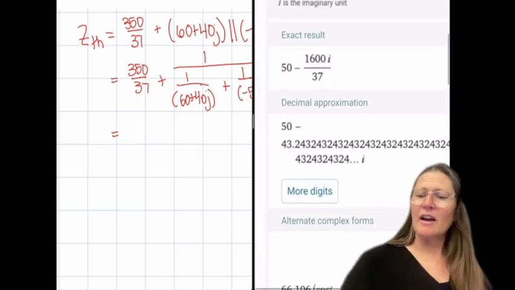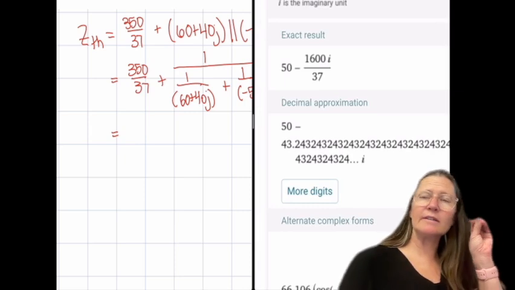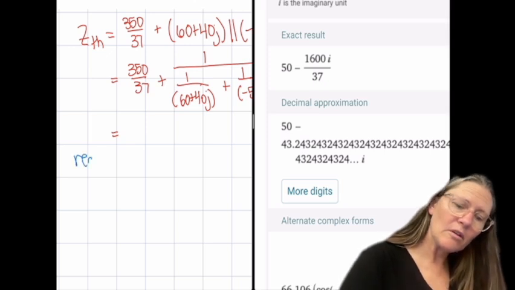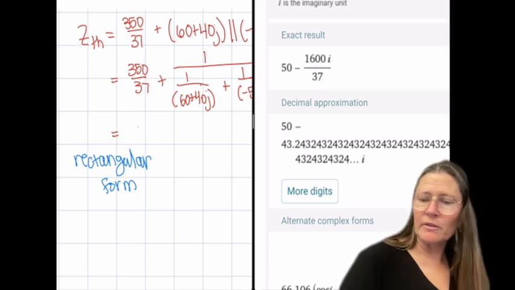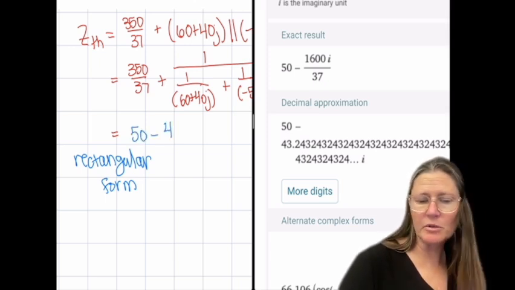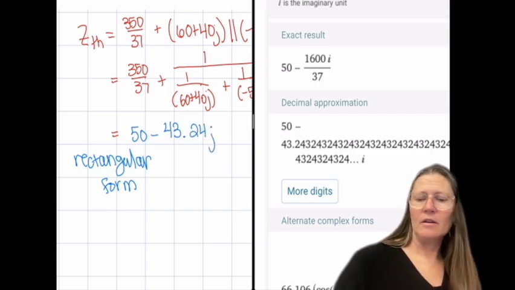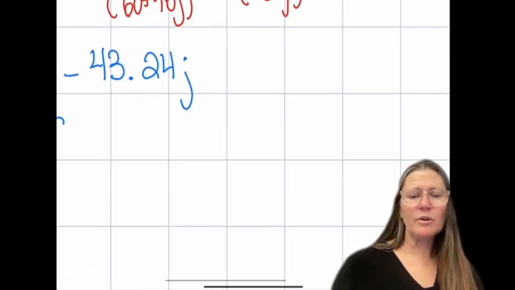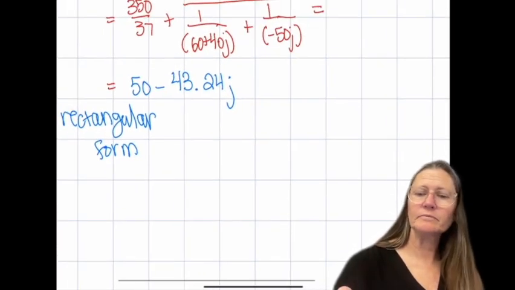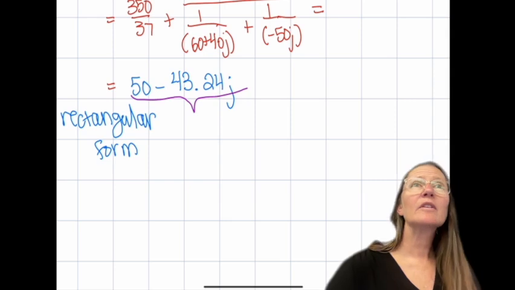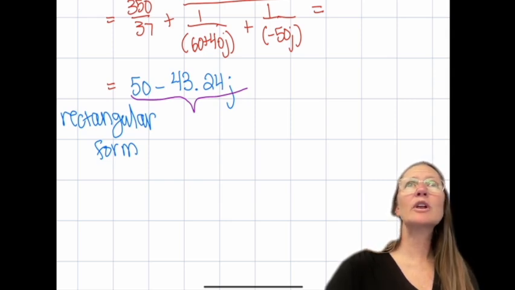Okay, here it is. In ZTH, we want to have this in rectangular form. So this ends up being 50 minus 43.24J. What are the equivalent components here? 50 would look like what?